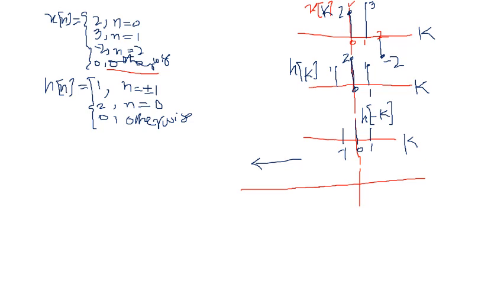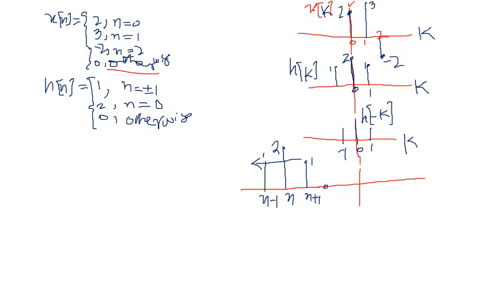This point will shift this side, so this is n plus 1. The next one is this one, this is 2. This is 1, this is 2, and this is again 1. So this is n, and this is n minus 1, right?